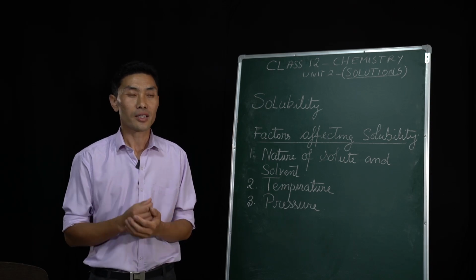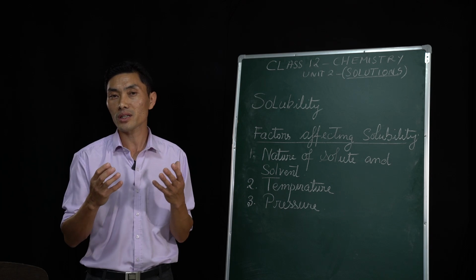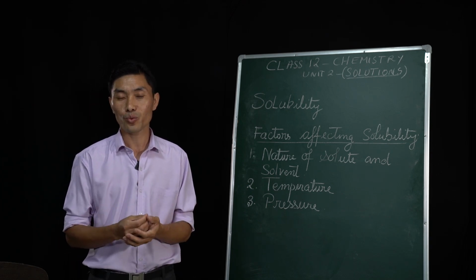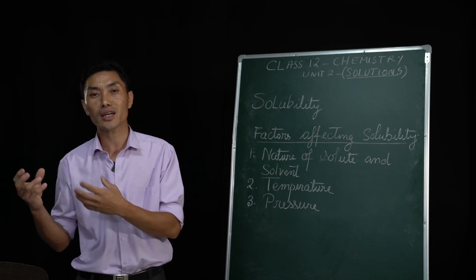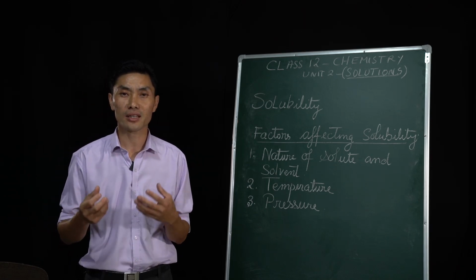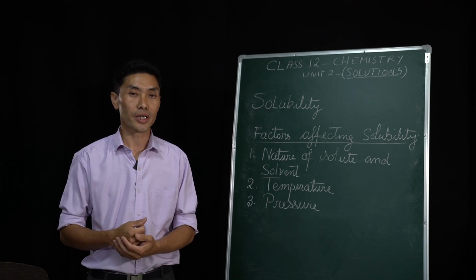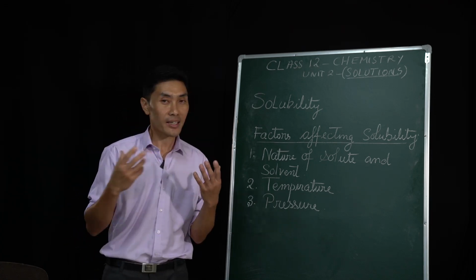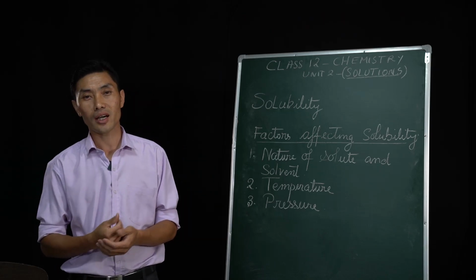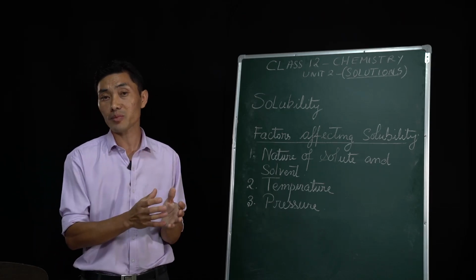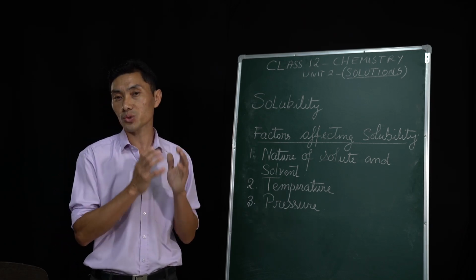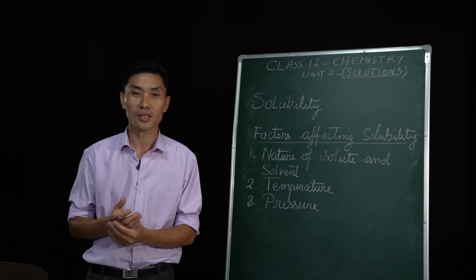On the other hand, if we take non-polar compounds like anthracene or naphthalene, we can easily dissolve these in non-polar solvents like benzene and carbon tetrachloride. So we can say that like dissolves like. A polar solute can be dissolved in a polar solvent, whereas a non-polar solute can be dissolved in a non-polar solvent.